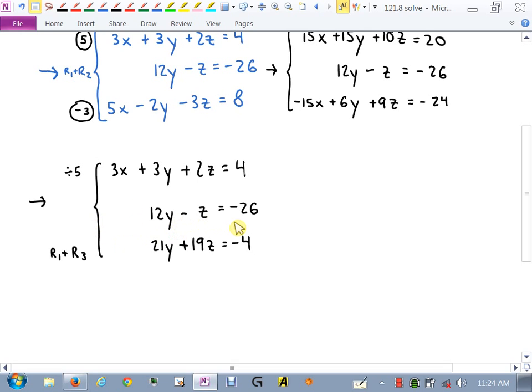Well, I don't want to make fractions out of this. Okay, 12, 24, 36, 48. Yeah, you might be able to get something, but I think I'm just going to go 21 here, and let's go negative 12 here.